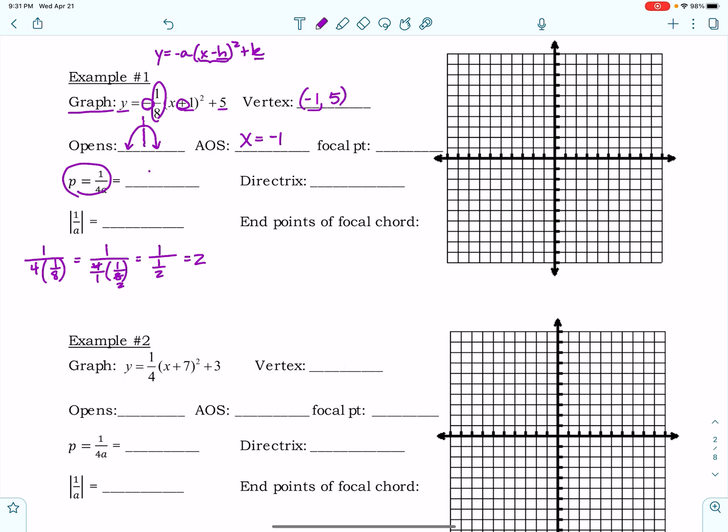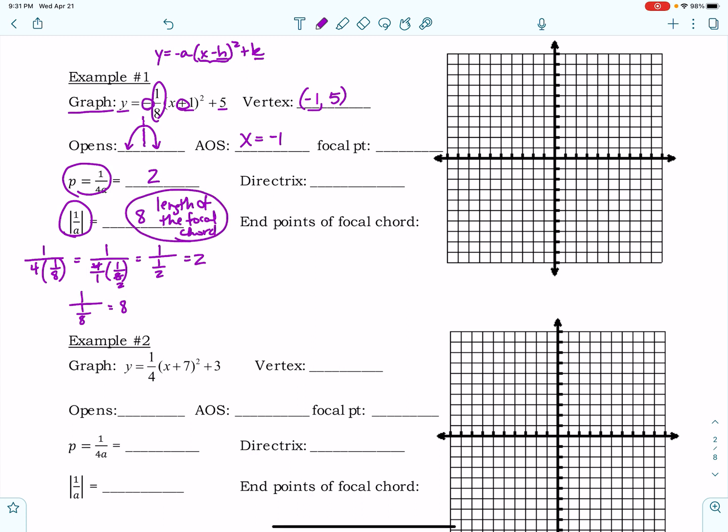So that means that P is equal to 2. I'm also going to find the absolute value of 1/A. So 1/A is 1 divided by 1/8, and that, of course, is going to be 8. This right here is the length of the focal chord.